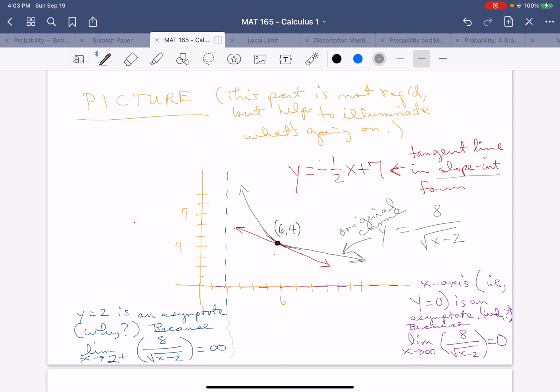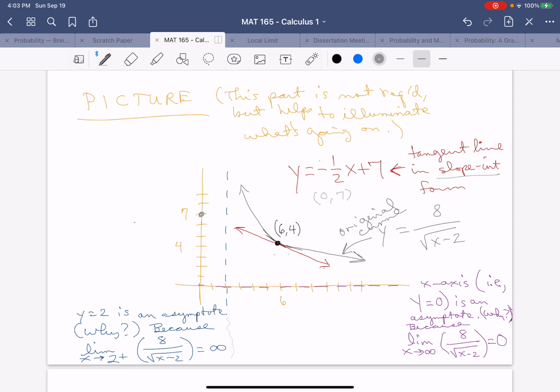And you can see the point 6, 4. And then this line in red, that is our tangent line. If you remember from the slope-intercept form of a line, the y-intercept is 0, 7. And if you look at this line, it looks like it's going to hit that point 0, 7. So that makes sense.